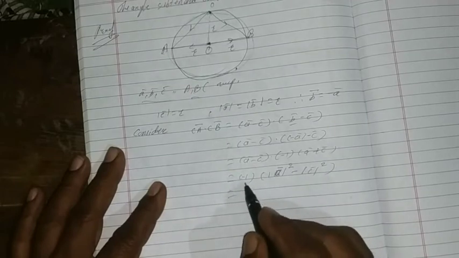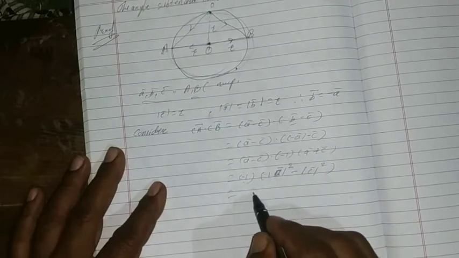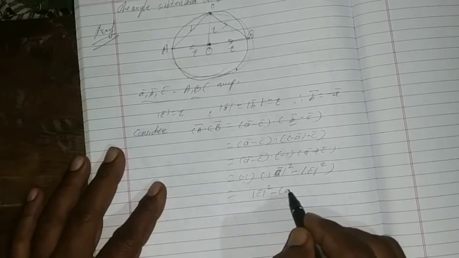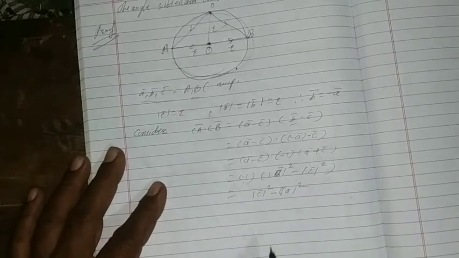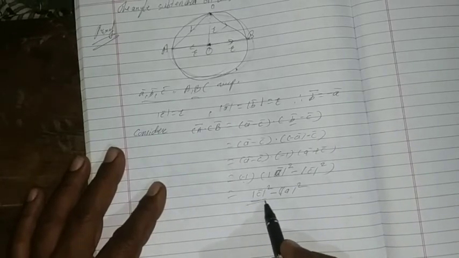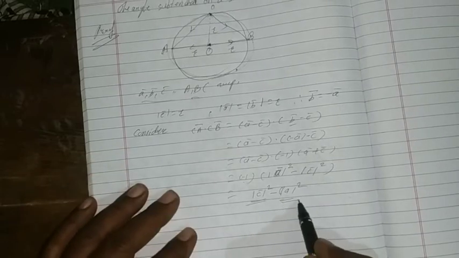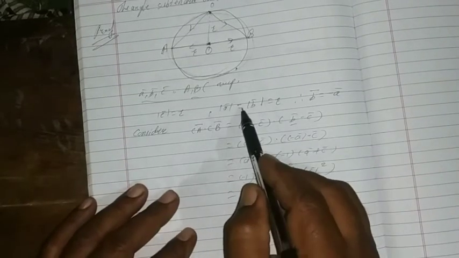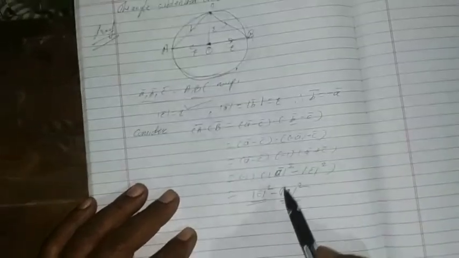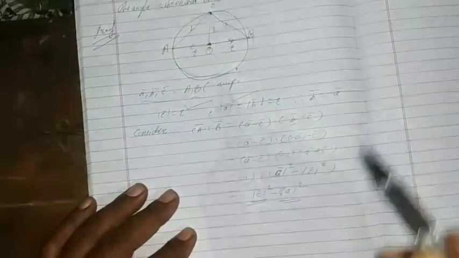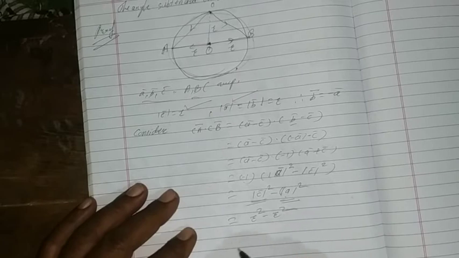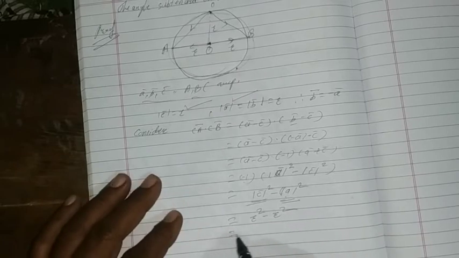Multiply this by minus 1, there we get magnitude of vector C square minus magnitude of vector A square. Magnitude of vector C is R, magnitude of vector A is R. That is R square minus R square, that is 0.